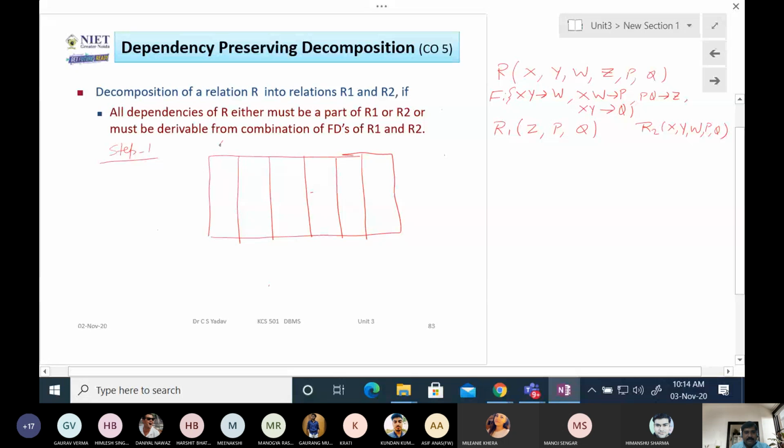These are X, Y, W, Z, P, Q, and the rows are R1, R2. So I think the first step is clear.